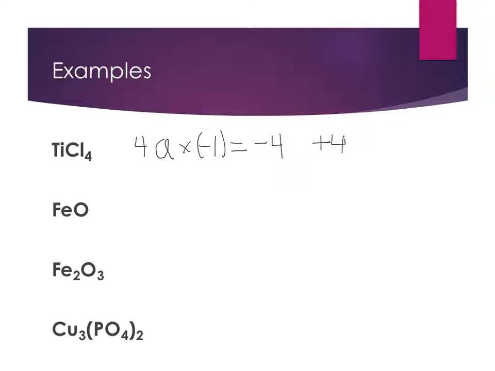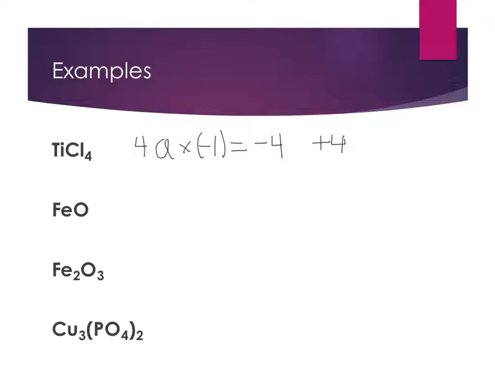And we're going to divide this number by the number of atoms of the transition element in our compound. So how many do we have? We only have 1.